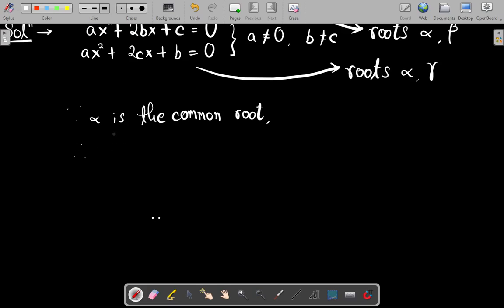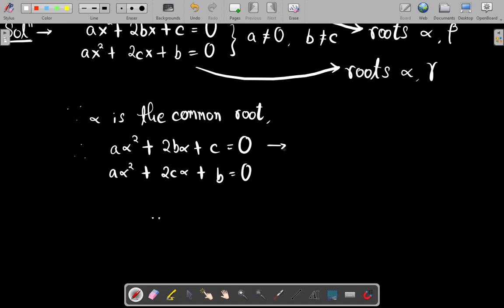alpha will satisfy both equations, right? So the first equation will be a alpha square plus 2b alpha plus c equal to 0, and the second equation will be a alpha square plus 2c alpha plus b equal to 0. Let's say this is 1 and this is equation 2.